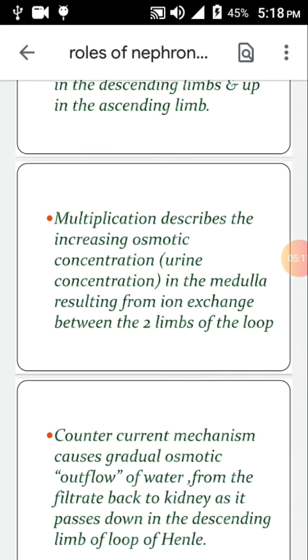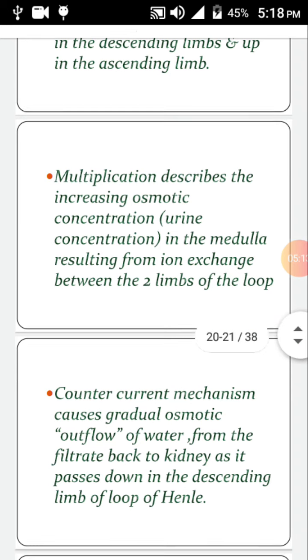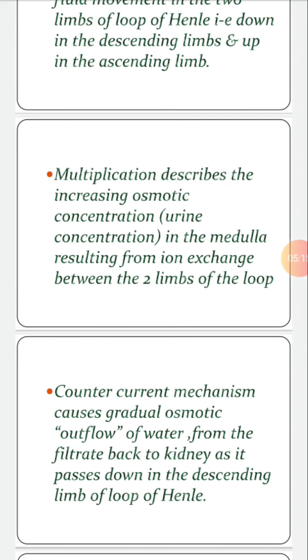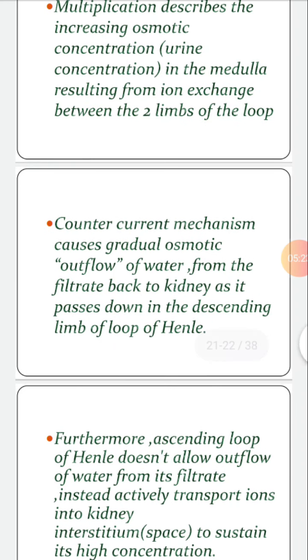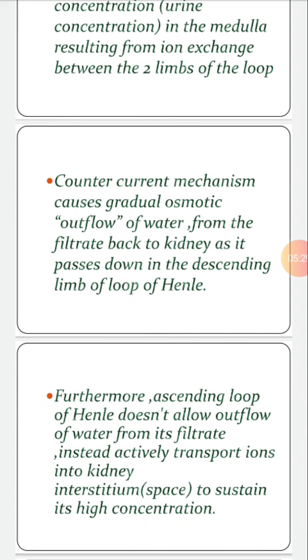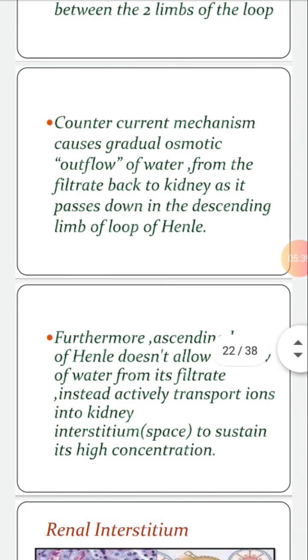Counter current mechanism causes gradual osmotic outflow of water from the filtrate back to the kidney as it passes in the descending limb of the loop of Henle. Furthermore, the ascending limb of the loop of Henle doesn't allow outflow of water from its filtrate. Instead, it actively transports ions into the kidney interstitium. Kidney interstitium means space of the kidney, to sustain its high concentration.